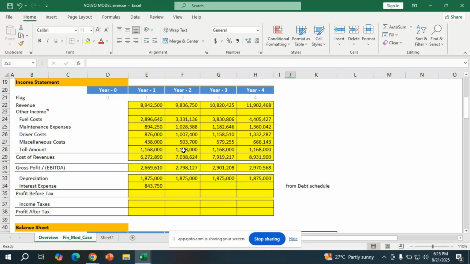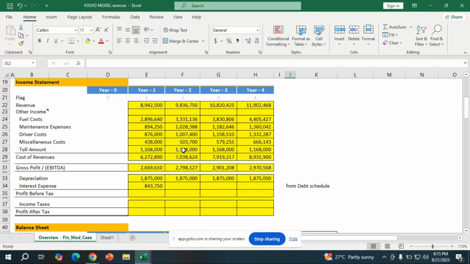How do we arrive at that? Revenue minus your cost of revenues. After that we subtract the depreciation from the GP to arrive at the EBIT, earnings before interest and tax.